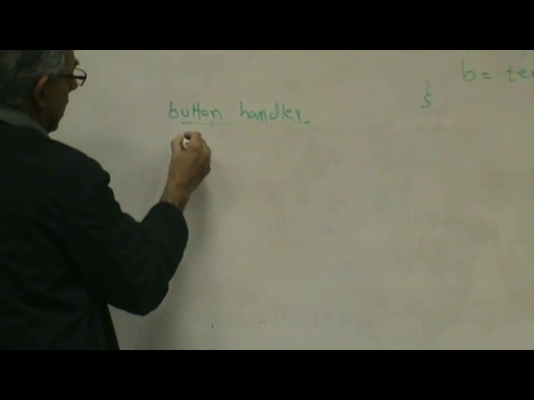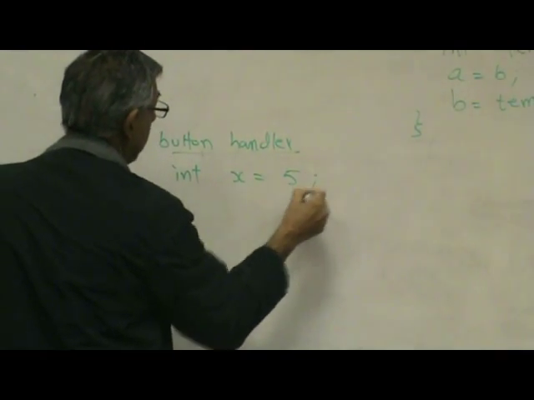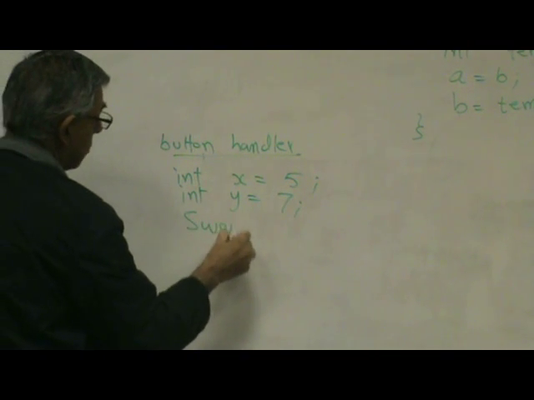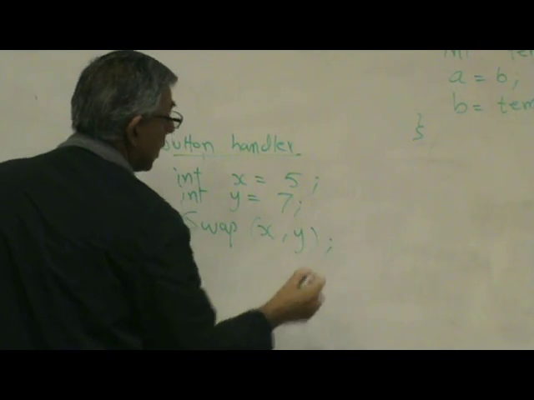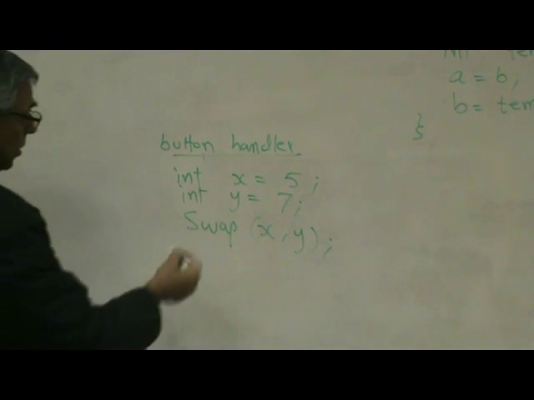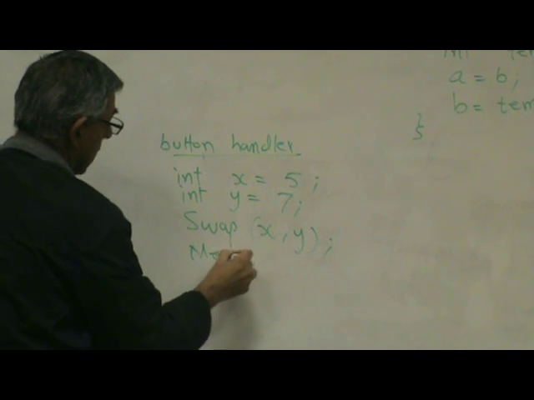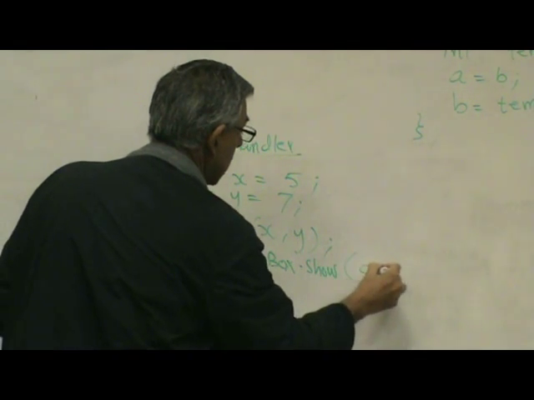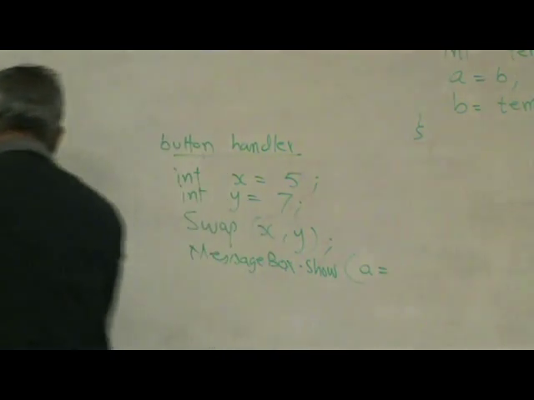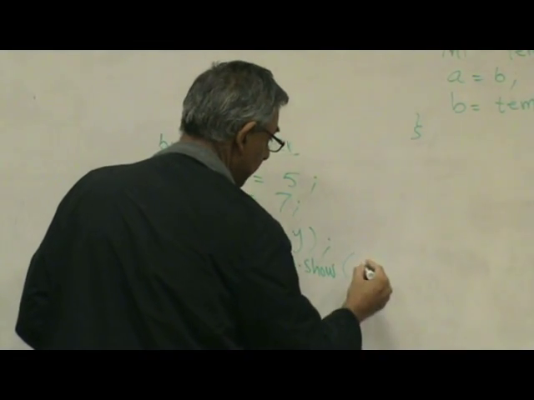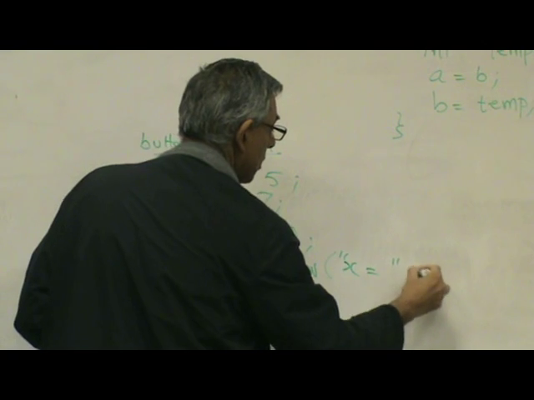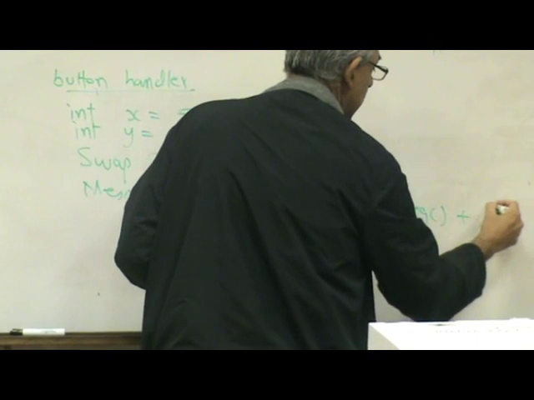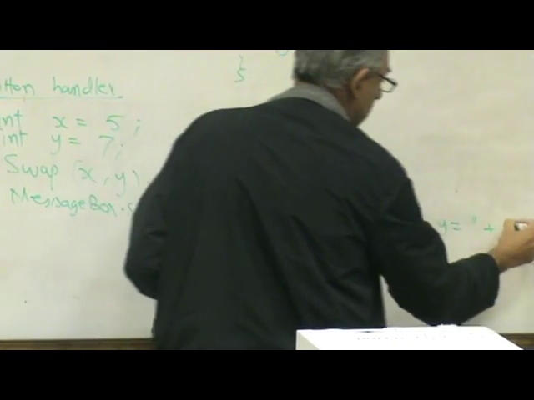Let's say int x equal to 5, int y equal to 7. And then you will call swap of x comma y. Then you'll try to print out the values in a message box: x equal to, plus x dot toString, plus y equal to, plus y dot toString.